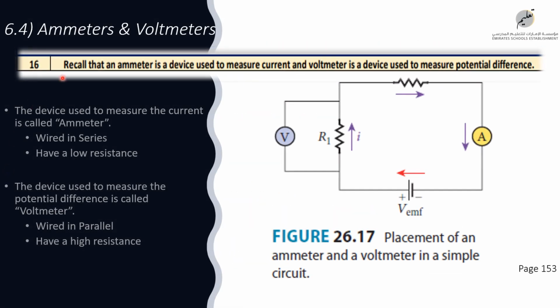We continue with number 16. We need to recall that the ammeter is a device used to measure the current, and the voltmeter is a device to measure the potential difference V. One important idea to consider here: the ammeter is always wired in series. The ammeter is never wired in parallel.